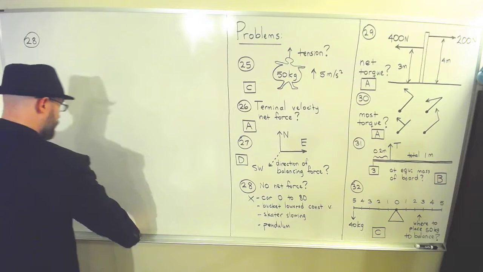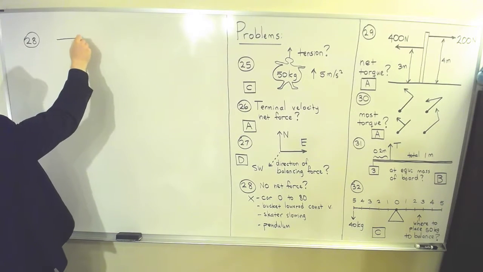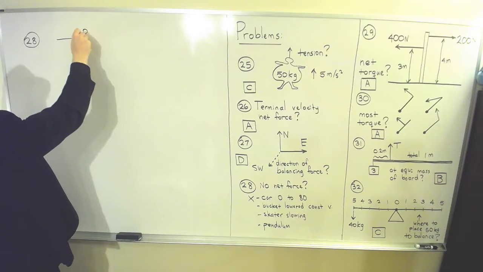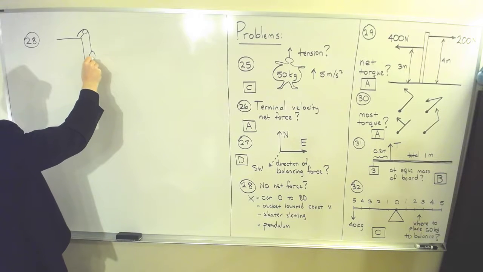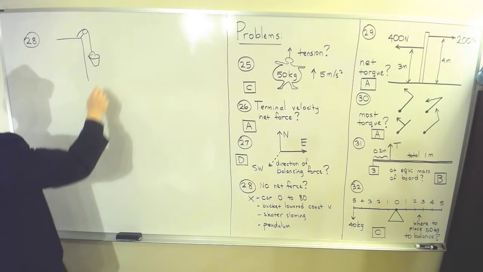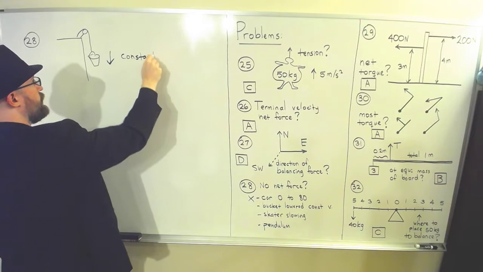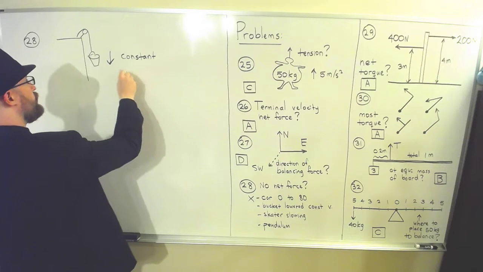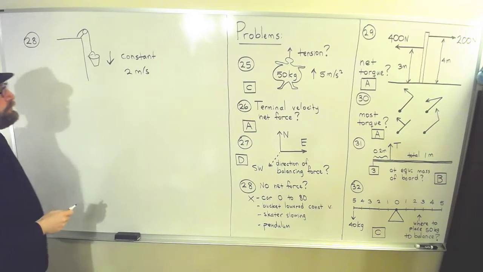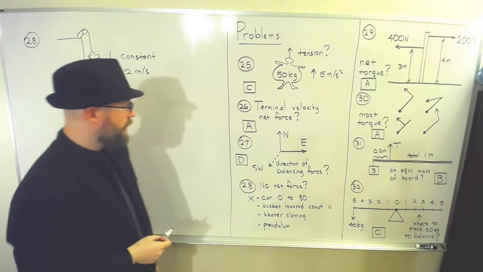Now, the next one says you have a bucket that's lowered at a constant velocity. So say you have a pulley here and a rope that goes over it, and here's a bucket, and it's being lowered at a constant rate of 2 meters per second. Now you might think, well, it's moving, surely there is a net force on it.